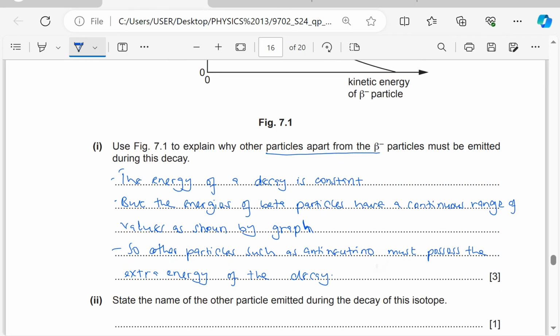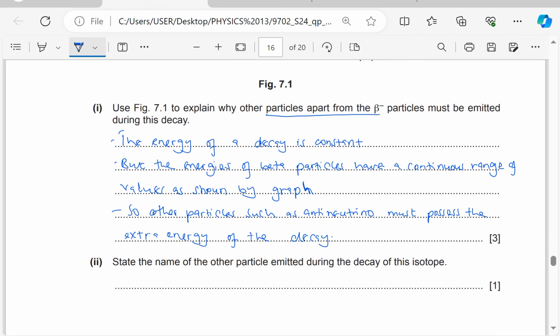So some of the energy is being shared by other particles such as the antineutrino.